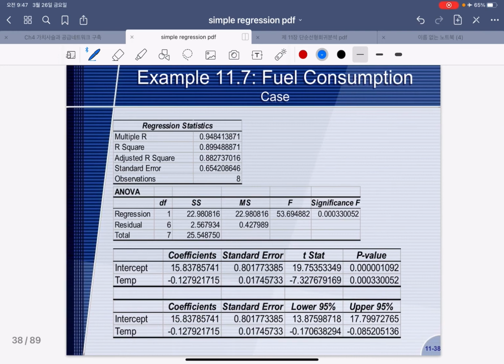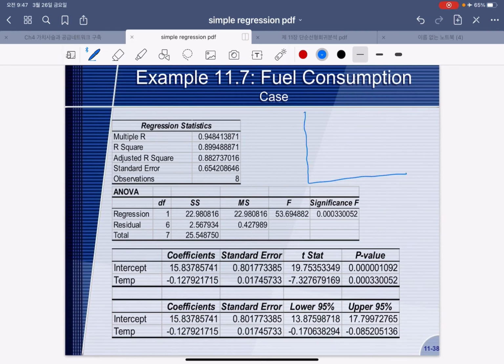Now let's draw a graph here. So we have a regression equation like this. Now let's look at some point of x. This is the actual y, the observed y. If you plug this x number in here, you get y hat.